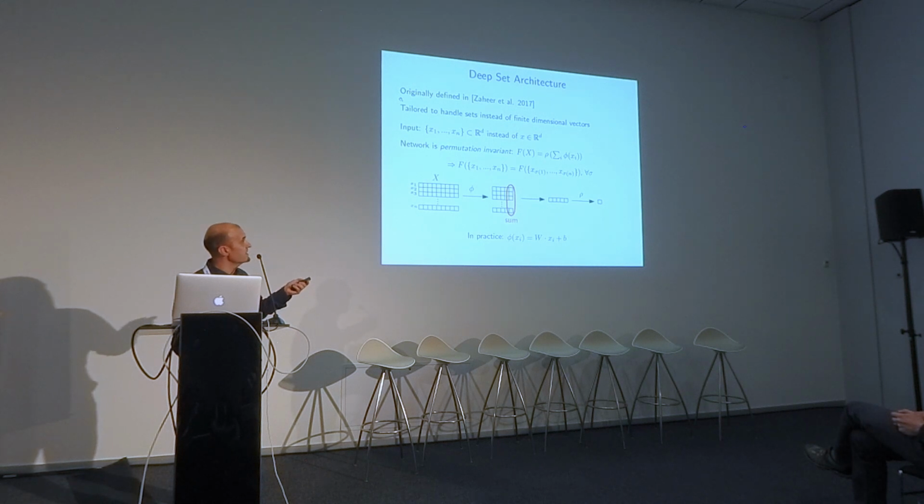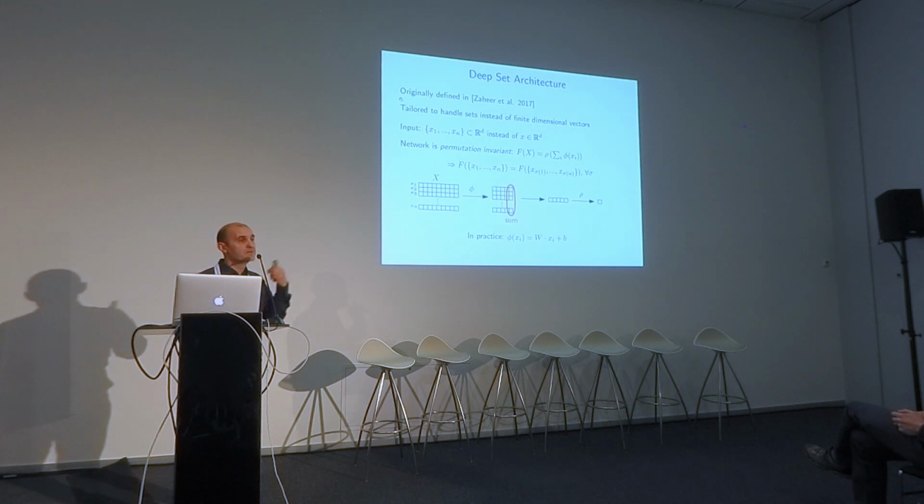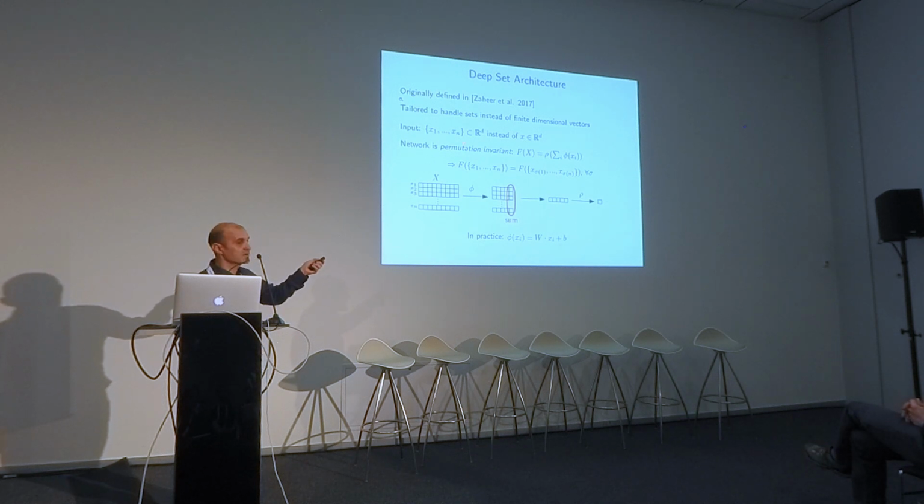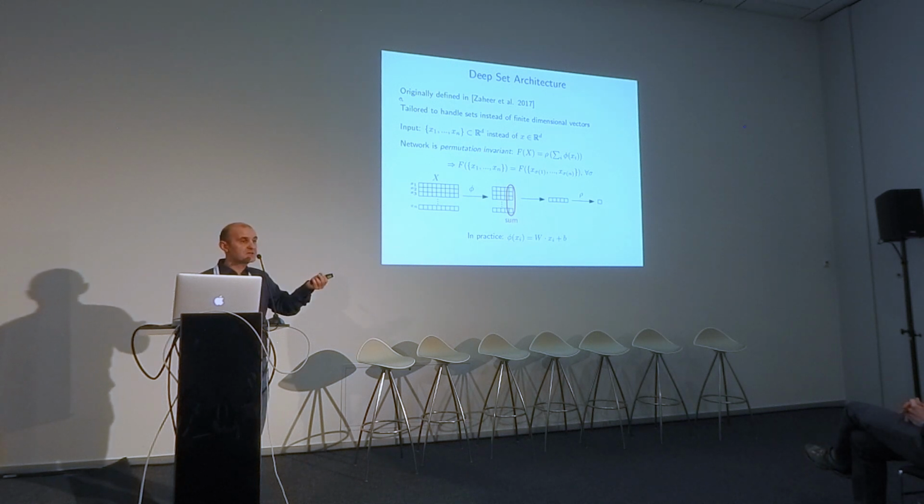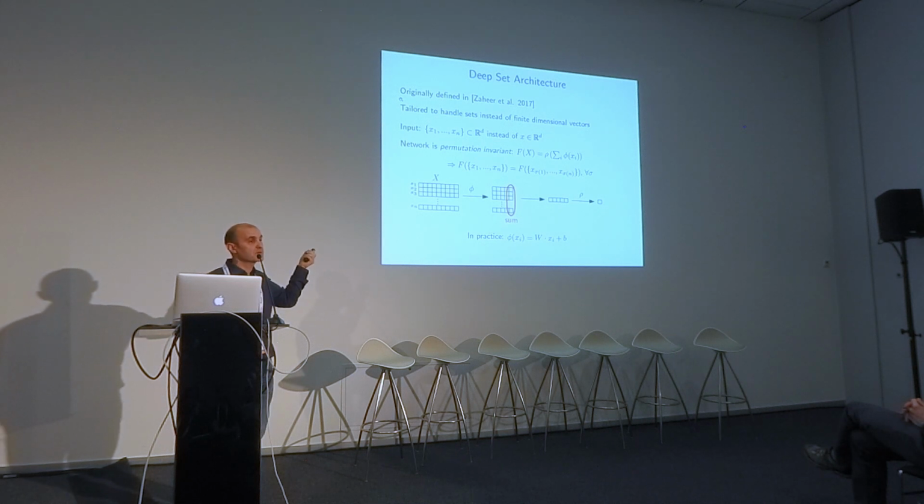And then you can always write it as the composition of a function applied to the sum of some function phi applied to each of the inputs. So for example, if you have a function phi that you can evaluate on each of your input vectors, if you evaluate it on each input and take the sum, you get something which is invariant to the order you did this operation.